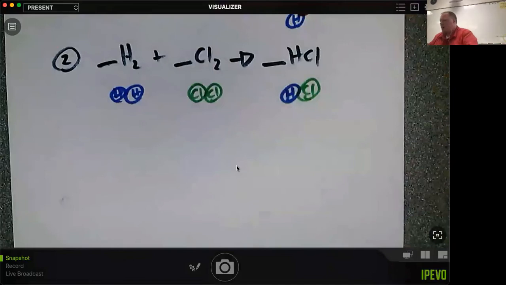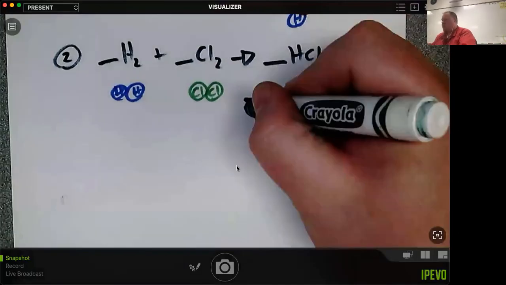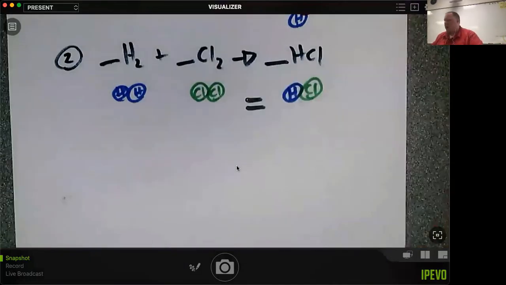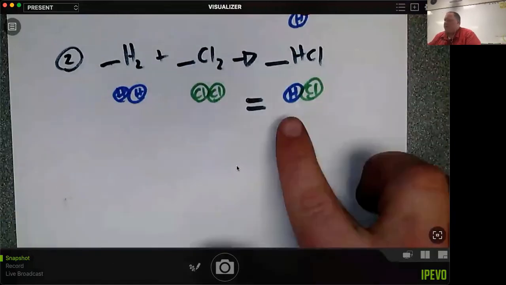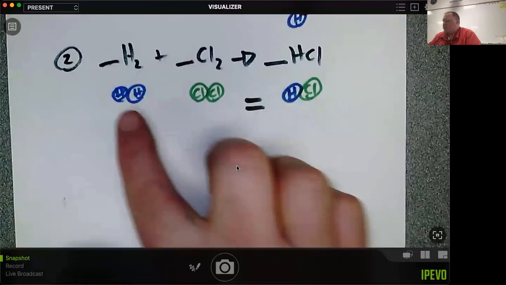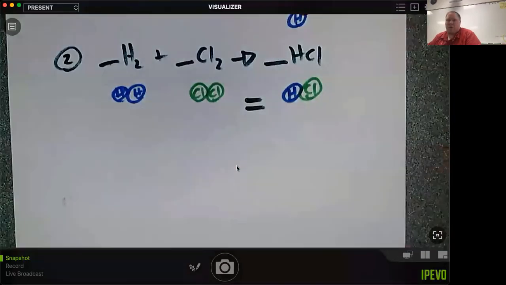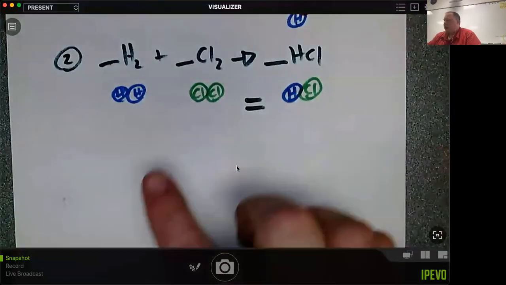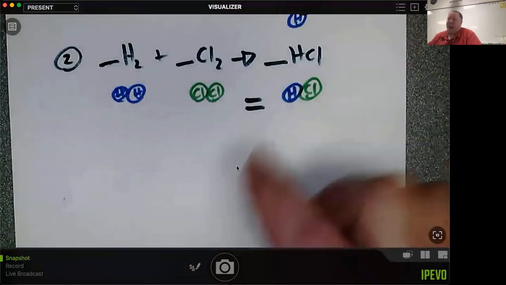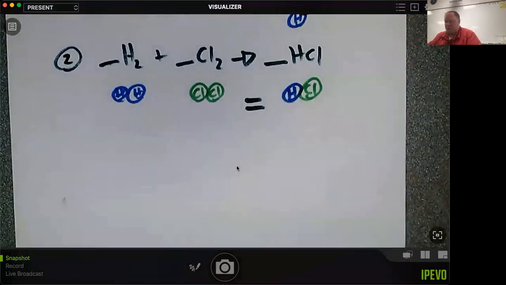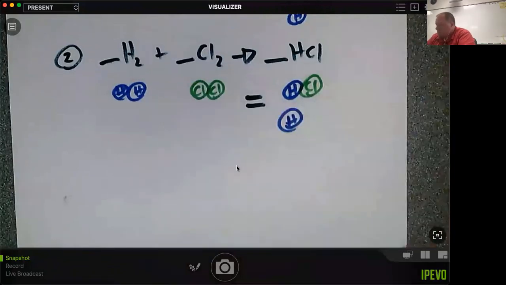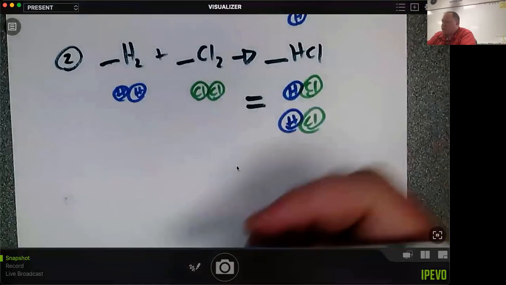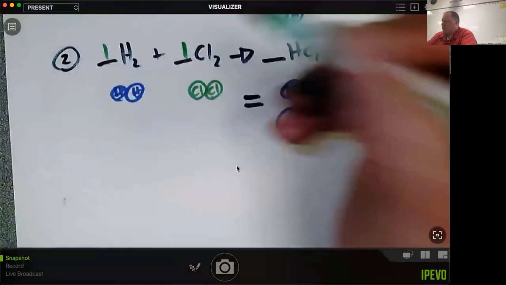And both of these sides should be equal to each other. Currently, they're not. So both hydrogen and chlorine are off. We've got 2 H's and 2 chlorines, and then over here we have 1 H and 1 chlorine. So with this one, I need to add another H over here and another Cl over here. So I'm just going to add a whole one of these HCl's. So this one would be 1 and 1 make 2.